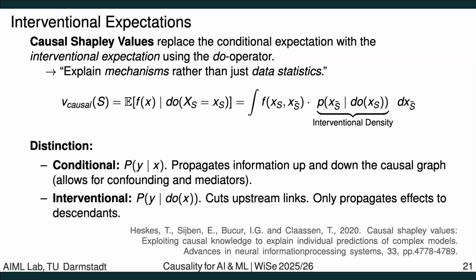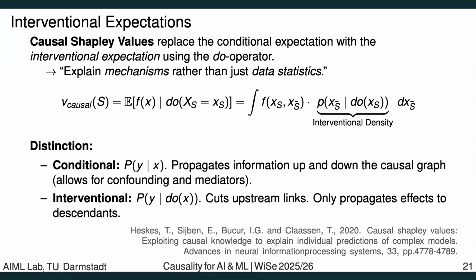Yeah, slide full of text, but the important thing is, if you remember the formula from before, here instead of a conditional probability, we now just have this do operator. And basically, as I said, we won't go into the details, but it unrolls as you would expect.